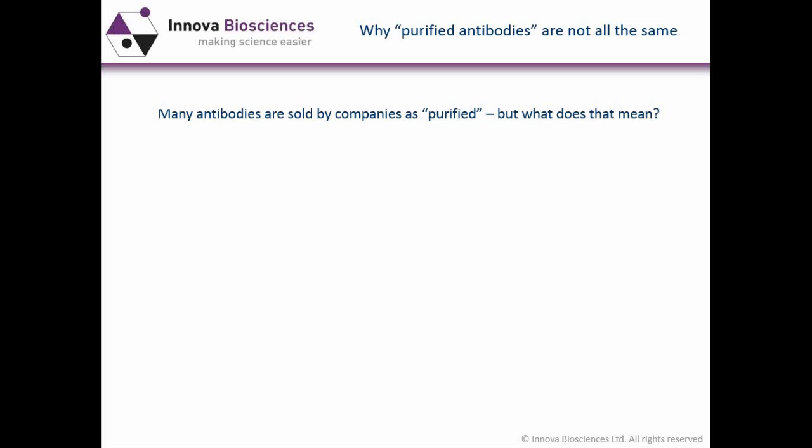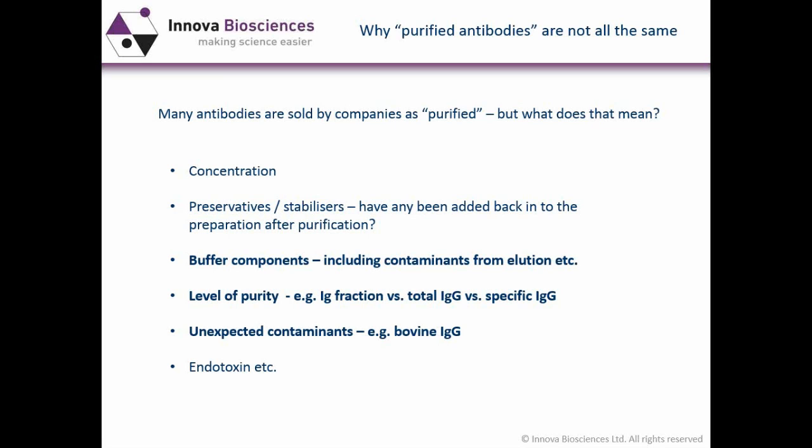Possibly one of the most obvious is to think about the concentration of the purified antibody. This at least will give you an indication of how much you can dilute the antibody for use, and therefore an antibody that is presented perhaps at 1 milligram per mil may be of use for more applications than something that is presented at 10 micrograms per mil.